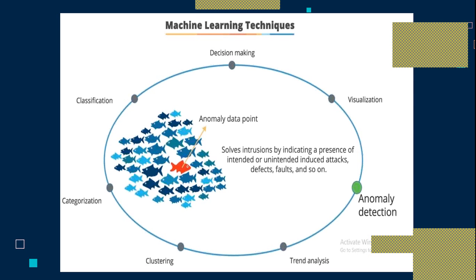Anomaly detection is called intrusion detection, indicating the presence of intended or unintended attacks, faults, and so on. In anomaly detection, you just have to find irregular activities that happen in your network.